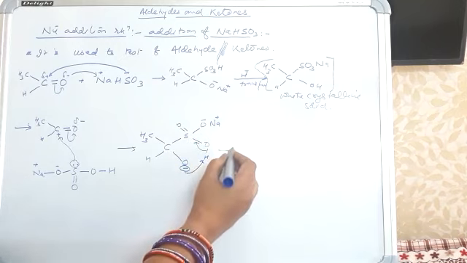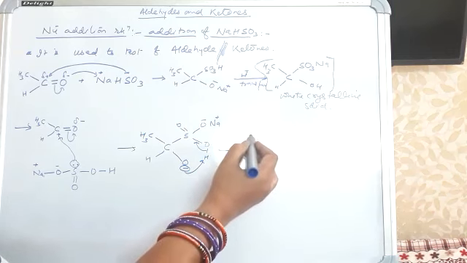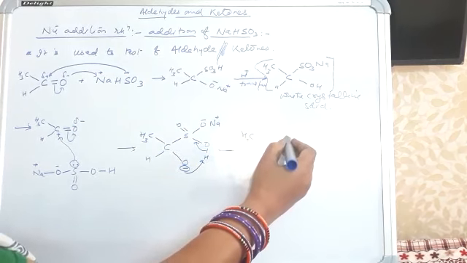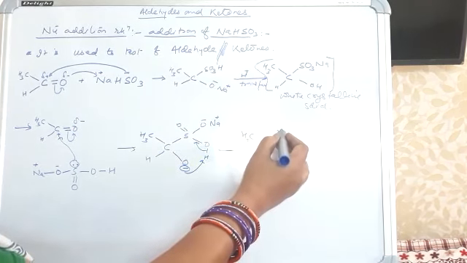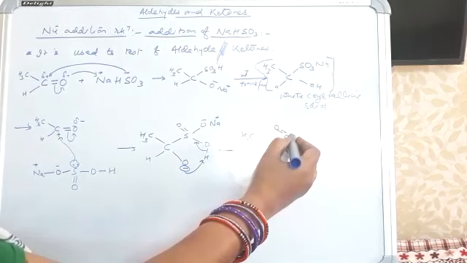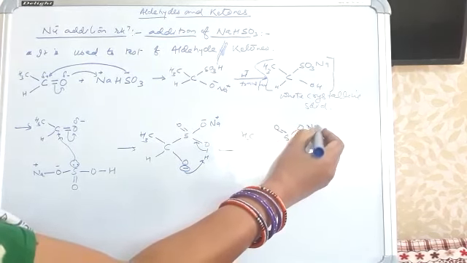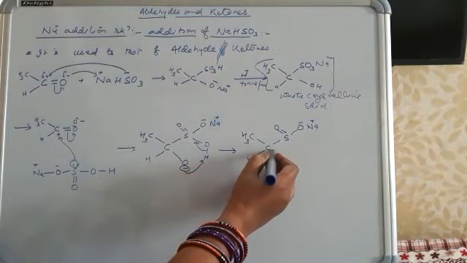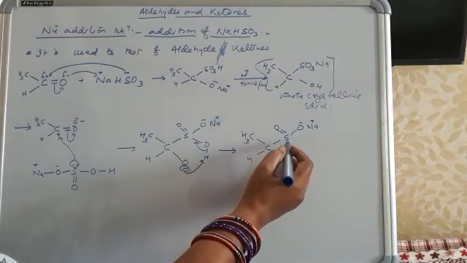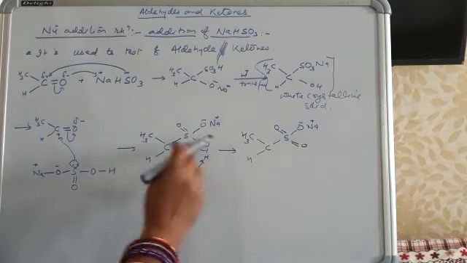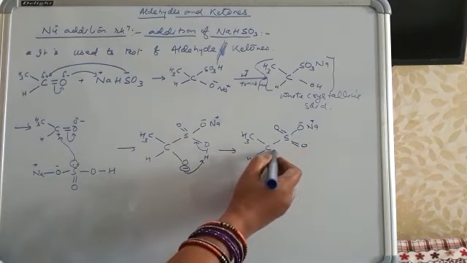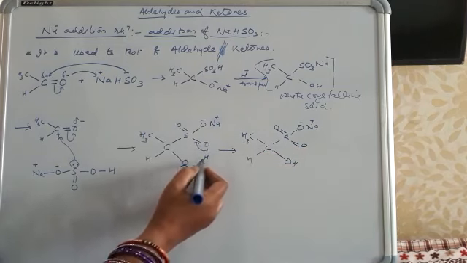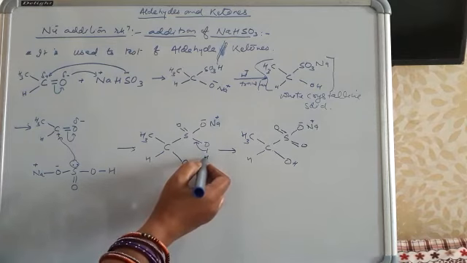So again see here, CH3, H and sulfur double bond oxygen and ONa, and one double bond also formed between sulfur and oxygen, carbon attached with oxygen, because here negative charge takes this proton.